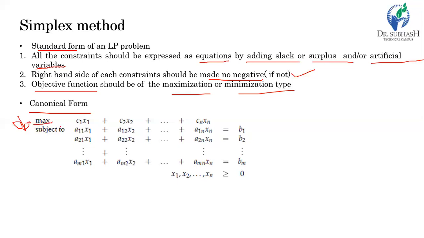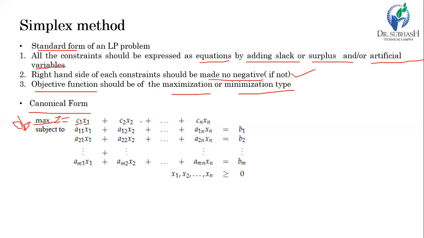So maximize z, or any other function as per the given condition, equals c1 x1 plus c2 x2 plus up to cn xn. Now what are c and x here?